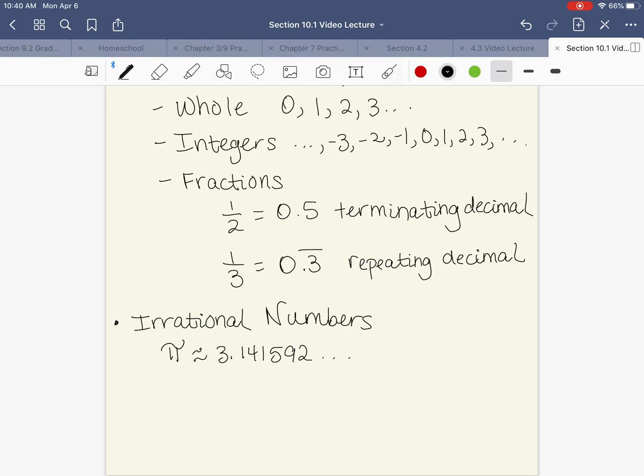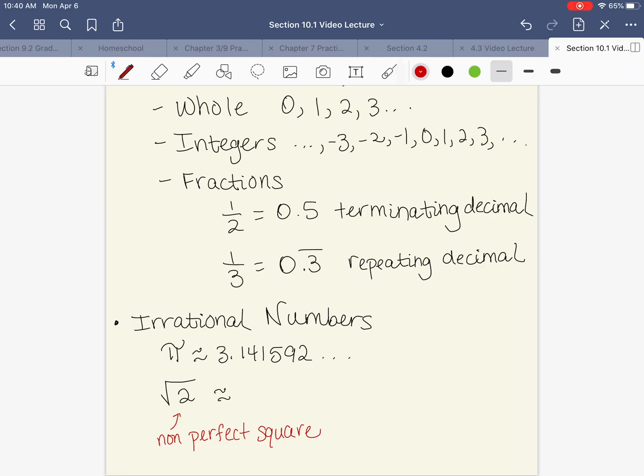It does not terminate and it does not repeat. Or if you take the square root of a non-perfect square, so something like the square root of 2, square root of 3, square root of 7, square root of 5, square root of 11, any non-perfect square. That would be an irrational number.